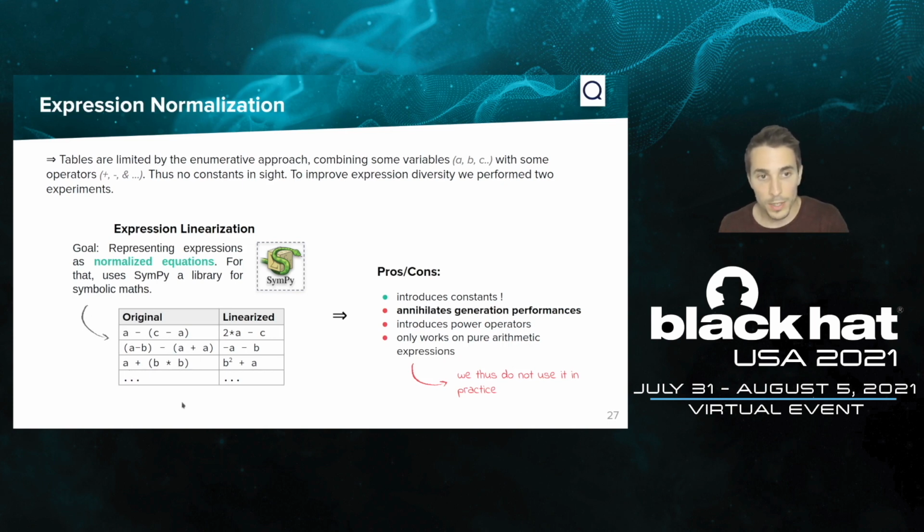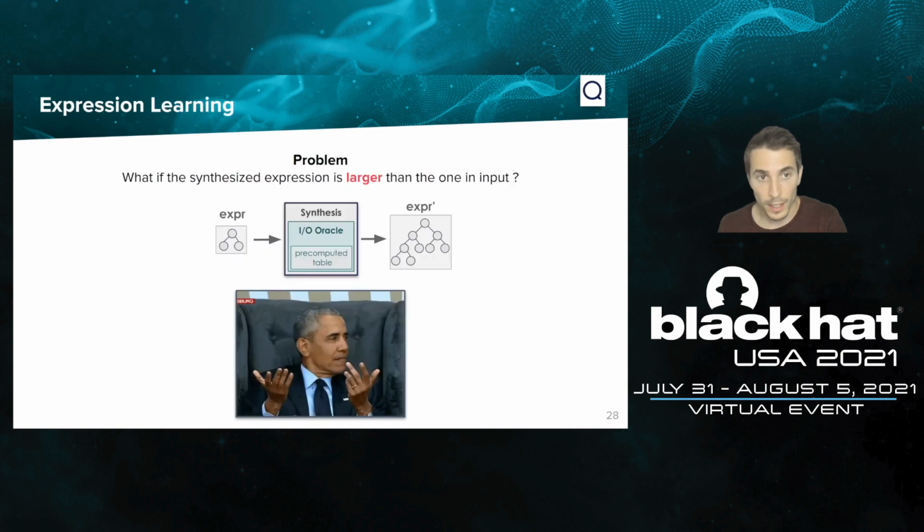And we tried using SymPy to perform some linearizations of expressions. And what we obtain is the things on the right. That's really great to further improve the size of expressions, but it completely kills the generation performance, and it has some other issues that make it very difficult to use in practice. So in practice, we don't use it, unfortunately. But that was a good trial.